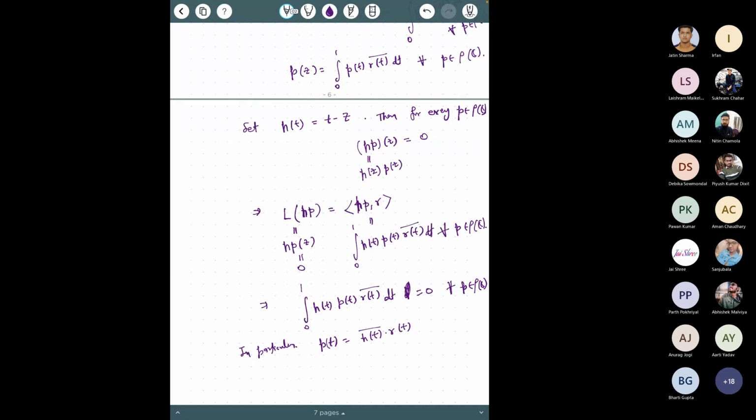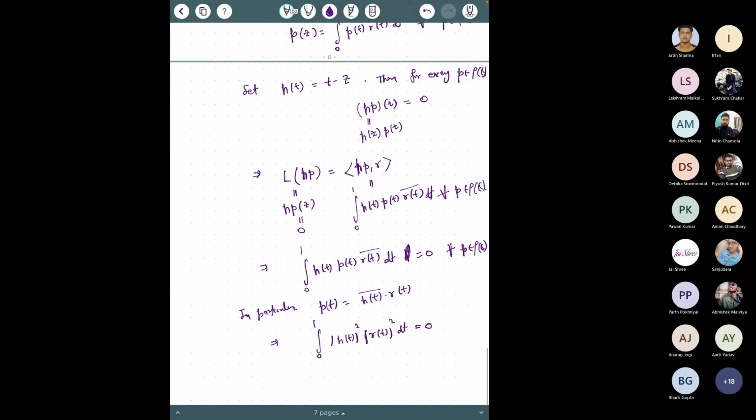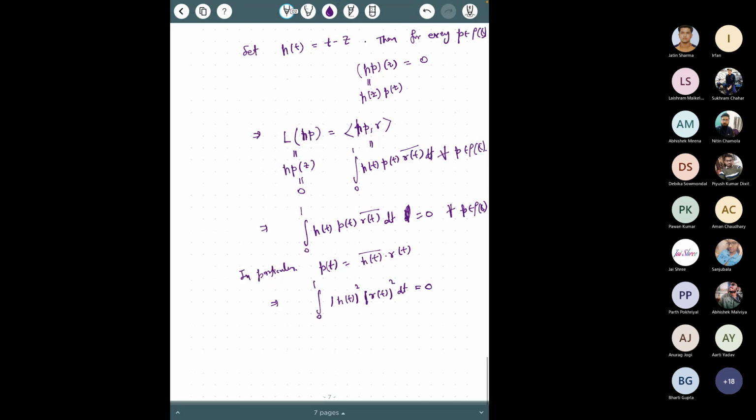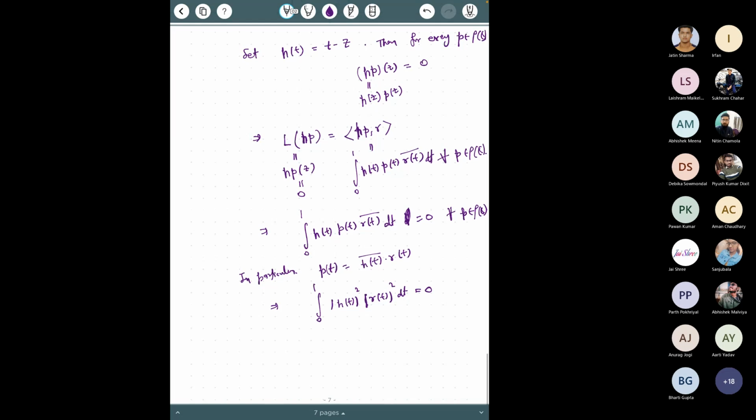But then what does this imply? If this product is 0, what can we say? This implies that the product of H(t) and R(t) is 0.